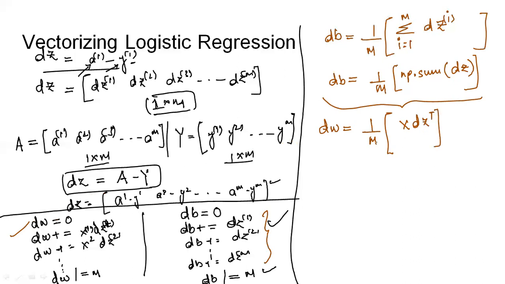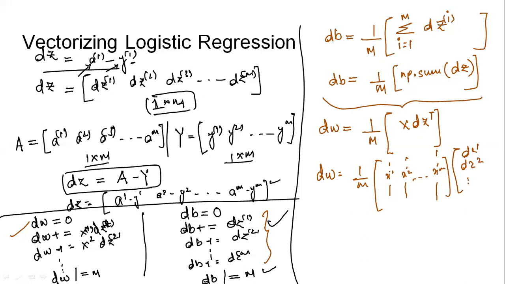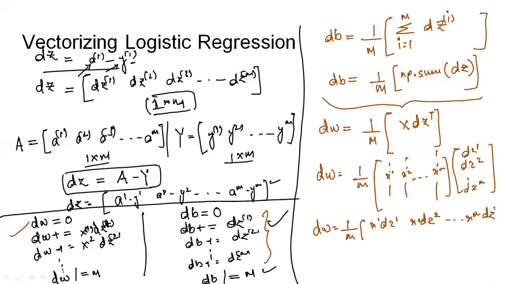We need to do this because we can write this as 1 upon m, and this would be x1, x2, that goes on till xm, and this would be multiplied with dz1, dz2, that goes up to dzm. So ultimately what would be the product of this? It would be dw equal to 1 upon m times x1 dz1, x2 dz2, that goes up to xm dzm.